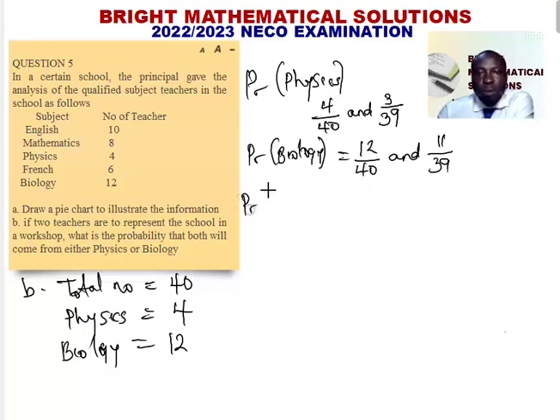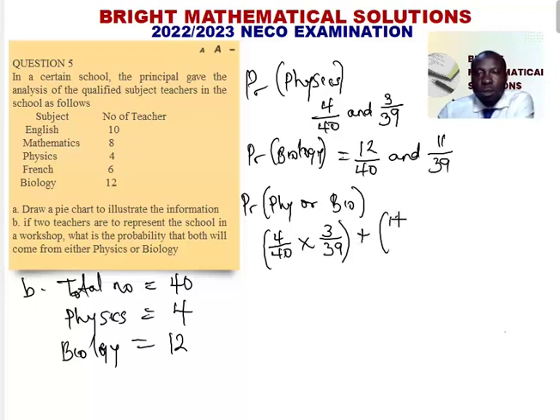So now probability of physics or biology, that will now give us 4/40 multiplied by 3/39 plus 12/40 multiplied by 11/39. Now let us simplify this.